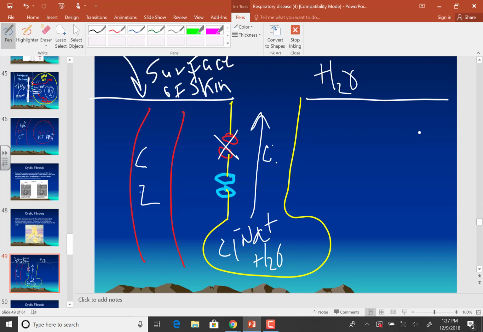Normally the chloride gets reabsorbed, but in cystic fibrosis, it can't, right? So if the chloride doesn't get reabsorbed, the sodium doesn't get reabsorbed, and the water doesn't get reabsorbed. Eventually the amount of sodium and chloride on the surface of the skin is elevated.